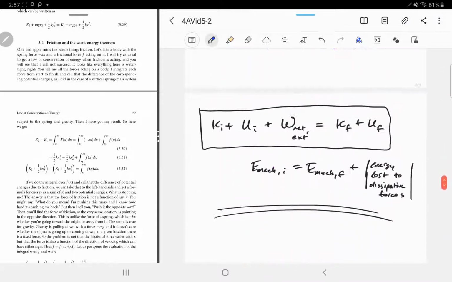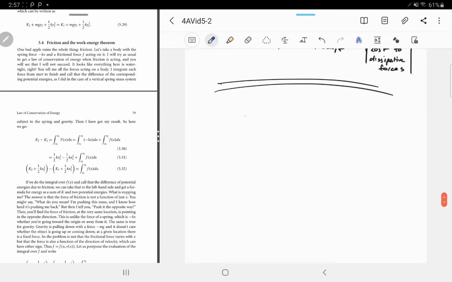So for our original problem, we're going to define our initial moment to be when the spring is compressed, and y equals h there.